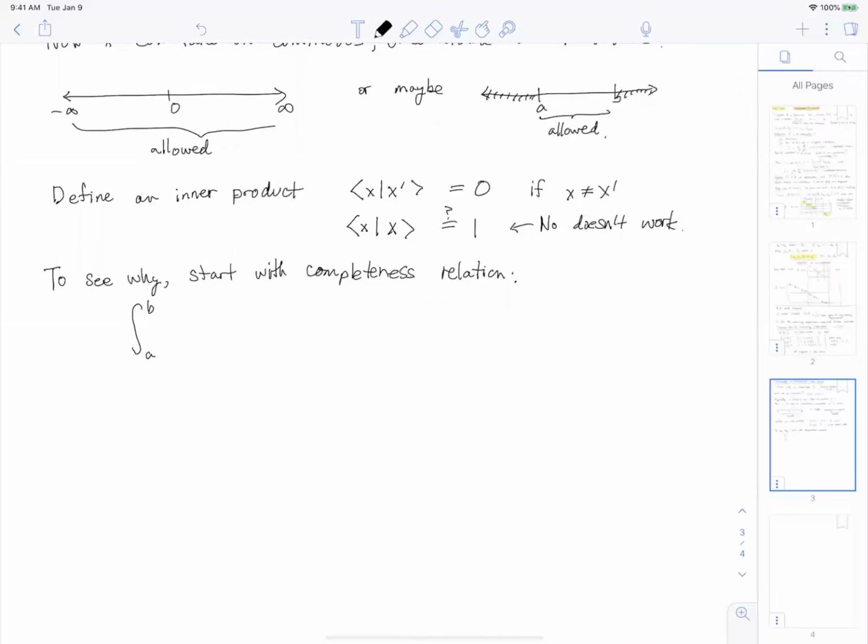A could be negative infinity, b could be positive infinity, but we integrate dx prime of the ket x prime multiplied by the bra x prime. Completeness says that should be the identity operator. We had to replace the sum by an integral because there's no way to sum over something continuous as if it were discrete.